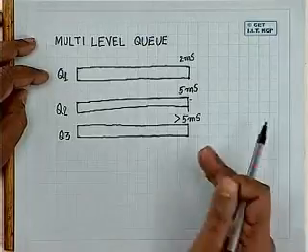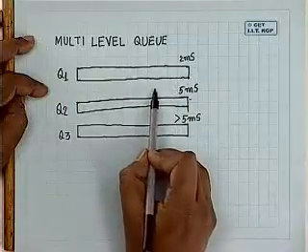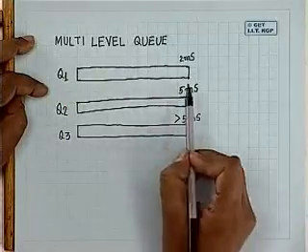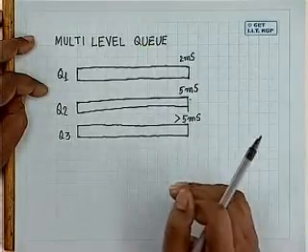But after some time, maybe the job becomes I/O bound, that means the CPU time requirement of the job will be less. Similarly, a job which initially was I/O bound, that is, the CPU burst of the job was less than 2 milliseconds, after some time may become CPU bound. That is, the CPU burst requirement of the job will become greater than 2 milliseconds.